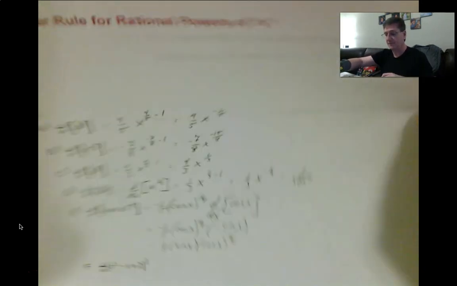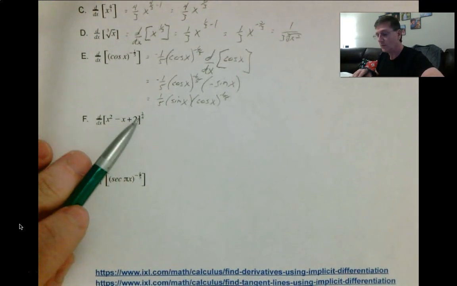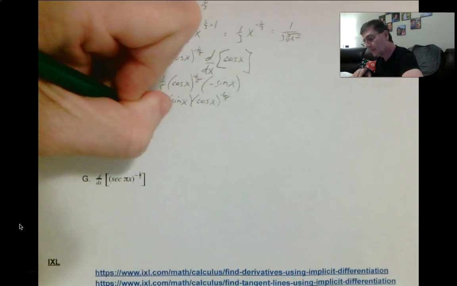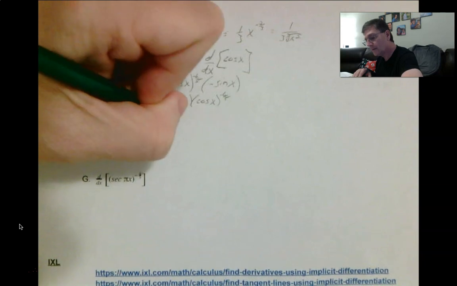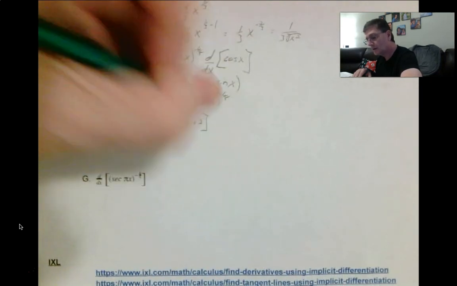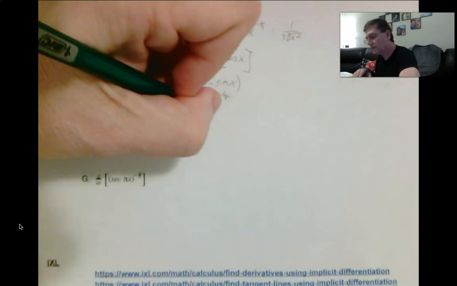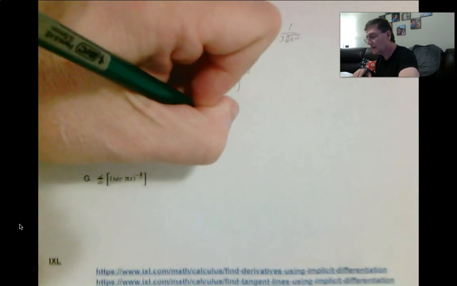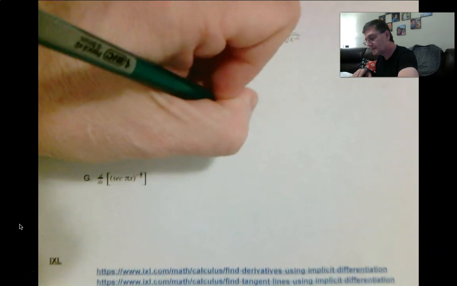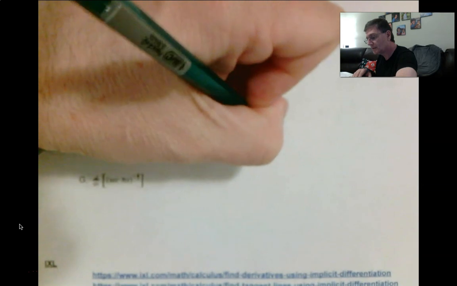Part F. Again, power chain rule. Take the 3/4, put it out in front. x squared minus x plus 2. 3/4 minus 4/4 is negative 1/4 times the derivative of the inside, dx x squared minus x plus 2.